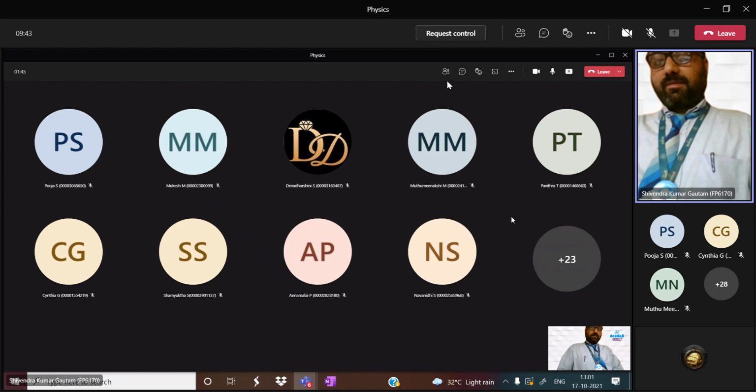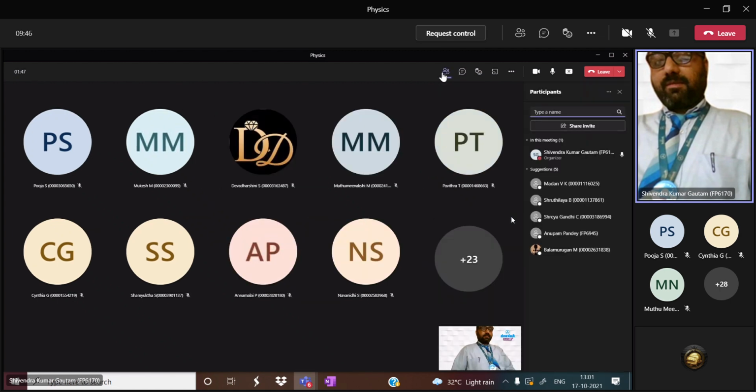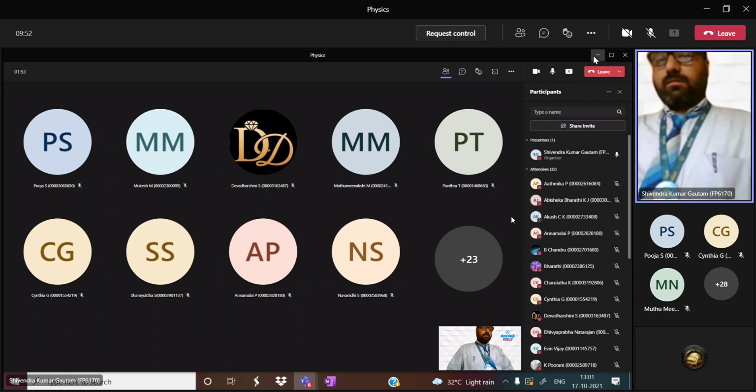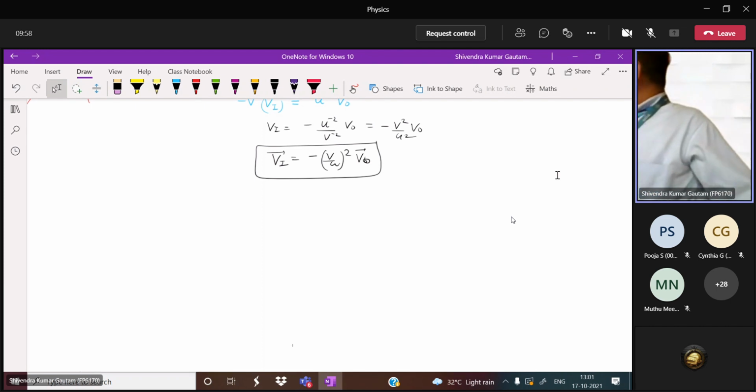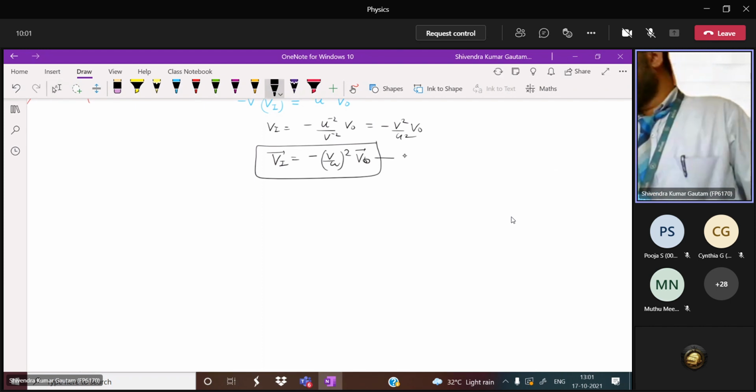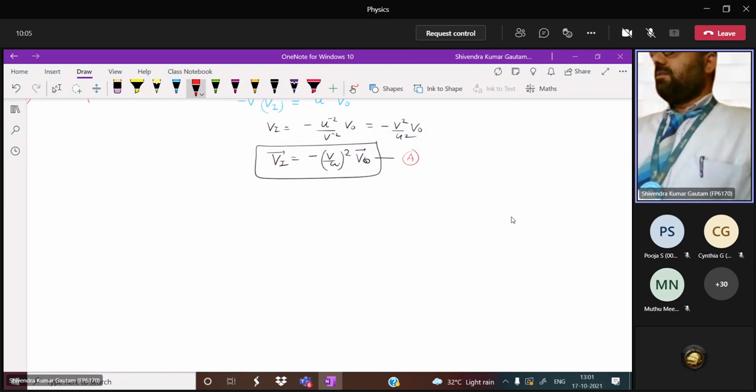So we have discussed Vi is equal to minus V by U whole square into VU vector, right? Now this minus sign, what does it indicate here? Minus sign means opposite direction. You have to keep this in mind.